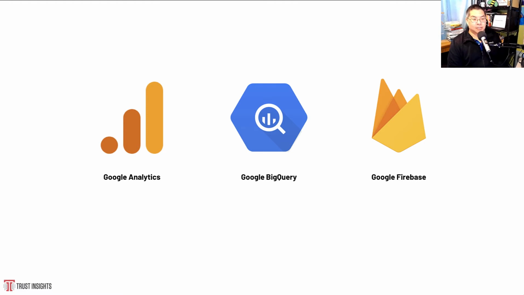It is built on the interface and the common metrics that we know and love from Google Analytics, for the most part. It is built on the Firebase measurement system. And then on the back end, from a scalability perspective, it has moved over fully to Google's BigQuery database. We're going to talk a bit more about that because there's some really cool stuff happening there.